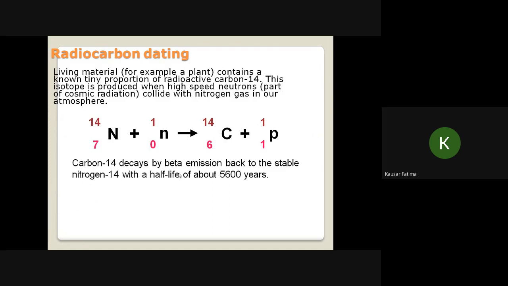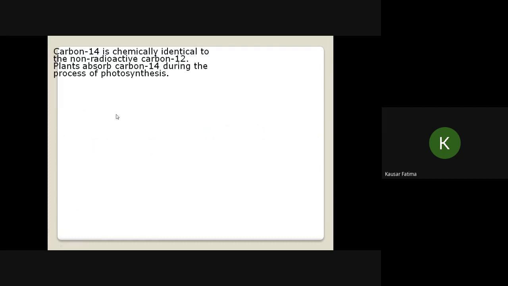Okay, and one proton is released in this reaction. So carbon-14 decays by beta emission back to stable nitrogen, with a half-life of 5,600 years. It decays, again becomes nitrogen, and emits a beta particle. Carbon-14 is chemically identical to normal carbon, which is non-radioactive.